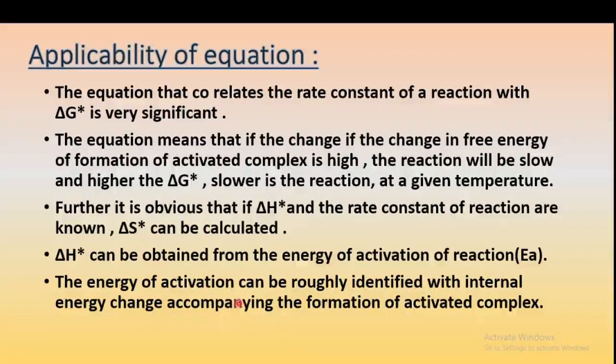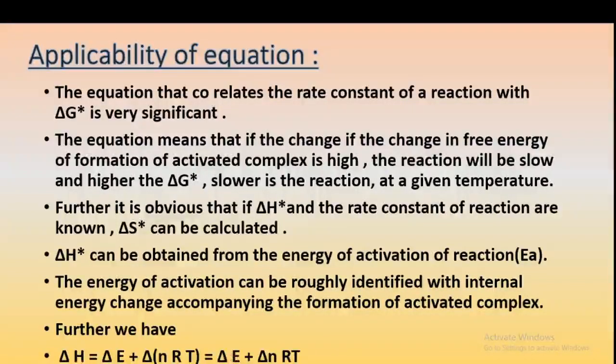The energy of activation can be roughly identified with the internal energy change accompanying the formation of the activated complex. Also we have the equation delta H is equal to delta E plus delta n into RT. Delta E is the change in internal energy, delta n is the change in number of moles, R is the gas constant and T is the temperature.